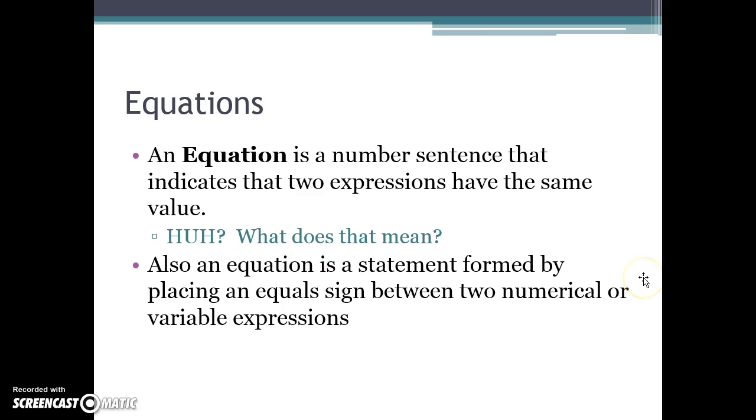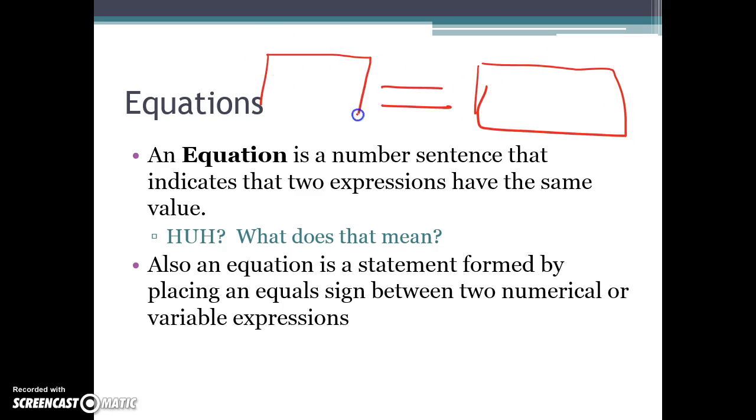All right. An equation is some kind of a number sentence that indicates that the two things, the two quantities, are the same, that they have the same value. What does that mean? That means when you see the magic equal sign, whatever is over on this side has the same value of whatever is over on that side.